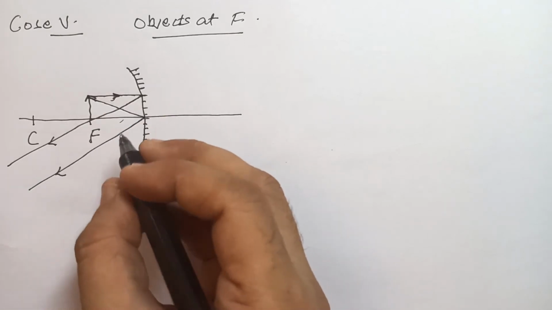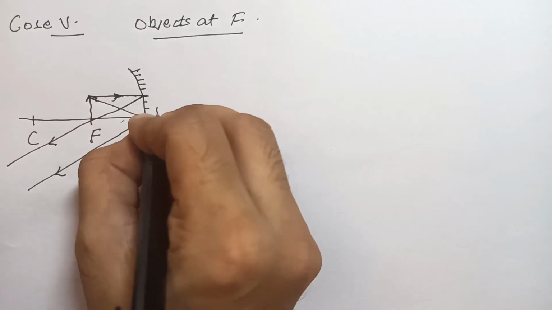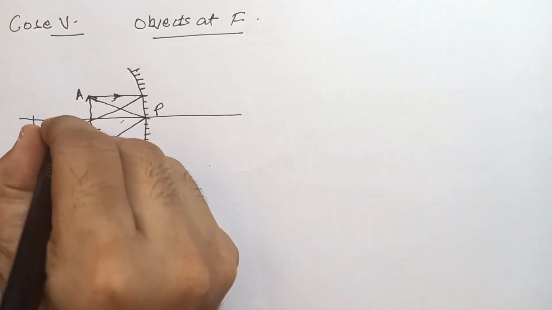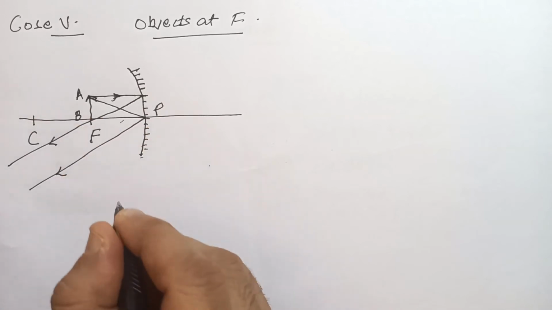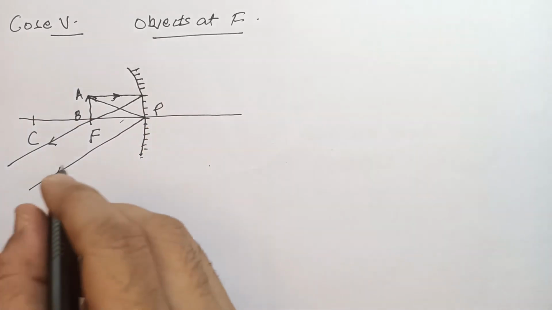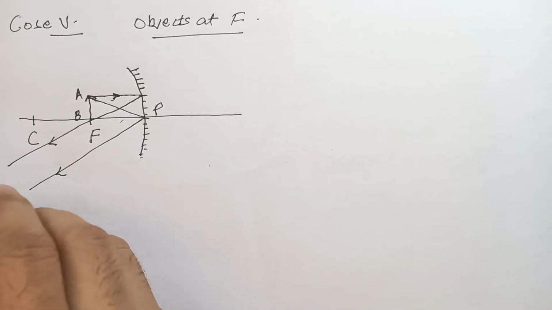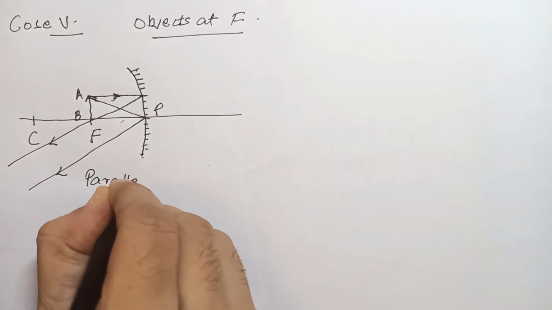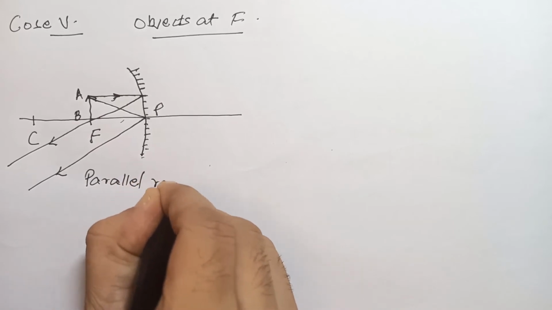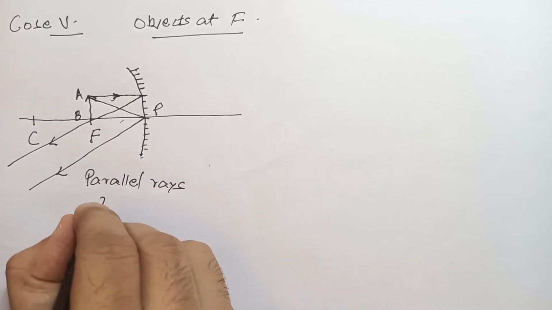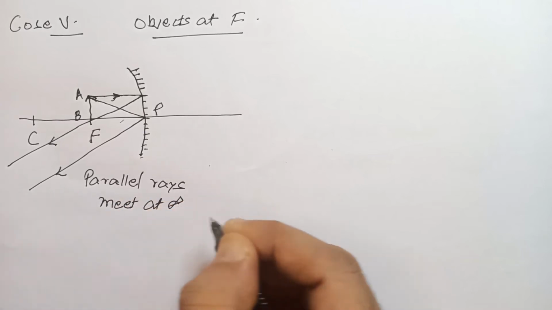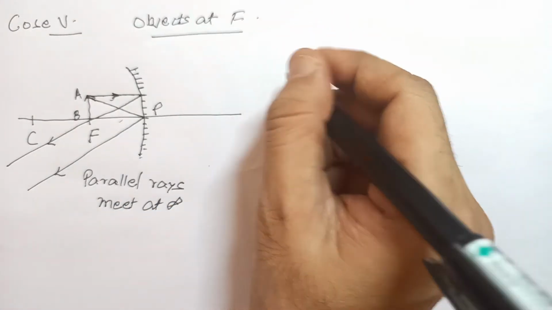So I can say this is P, and this is, let's say, A, this is B. It will go this way. These are parallel rays that meet at infinity.